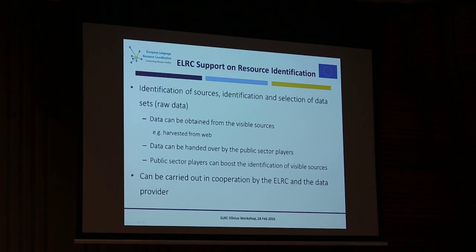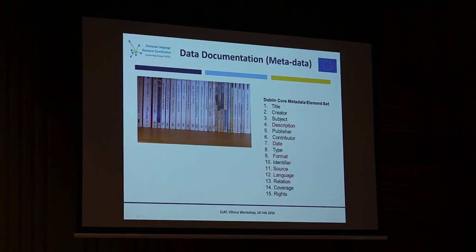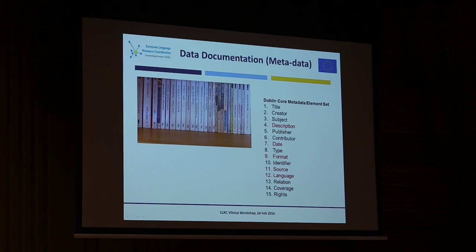As I said, we are here to help you identify those sources, and once you have identified them, basically you should describe what data you have. A full description, which is used in archives and libraries, is what we call the Dublin Core metadata set.